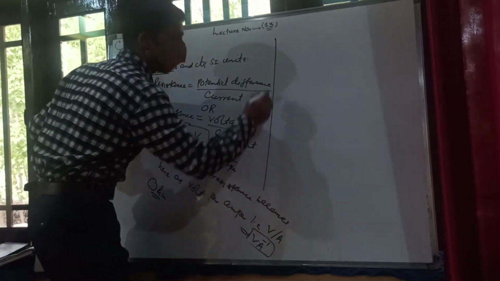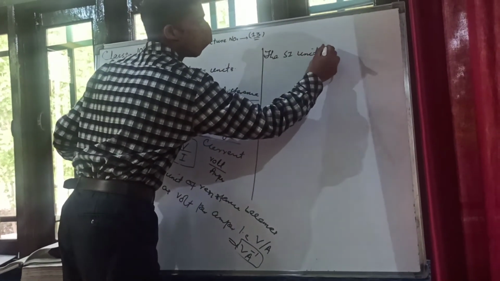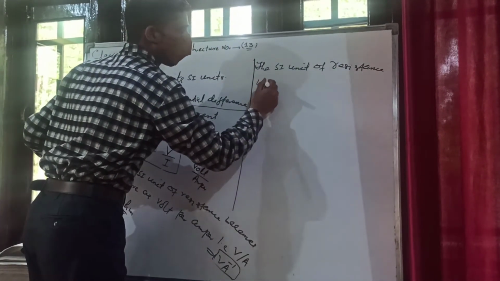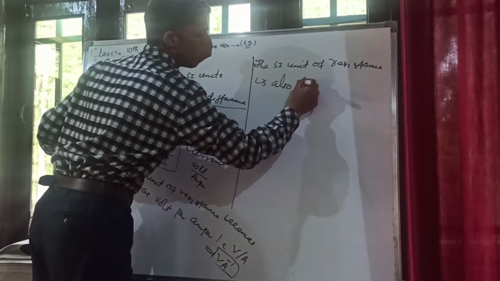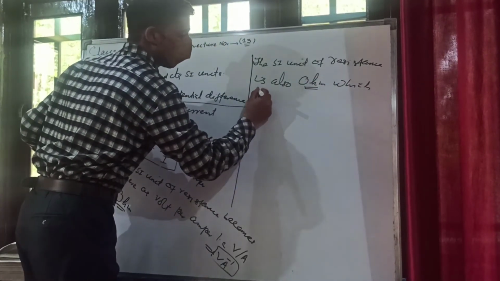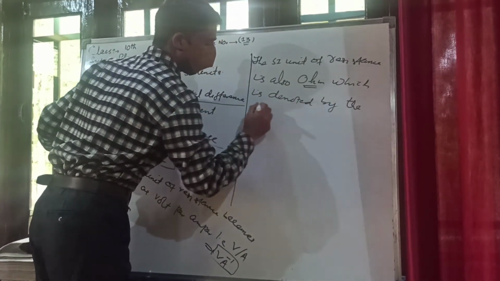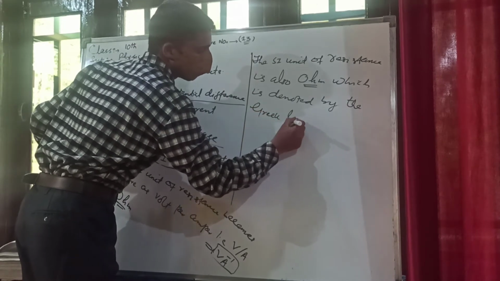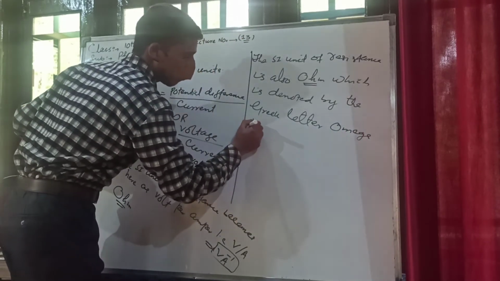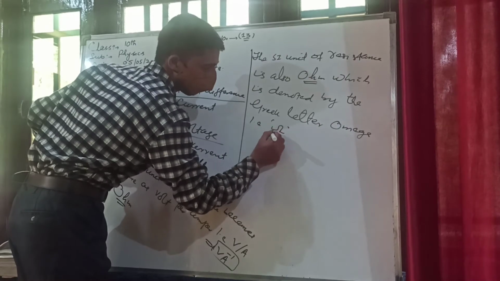So I may write here the SI unit of resistance is also ohm, which is denoted by the Greek letter omega. Its symbol is this. This is the symbol for omega.